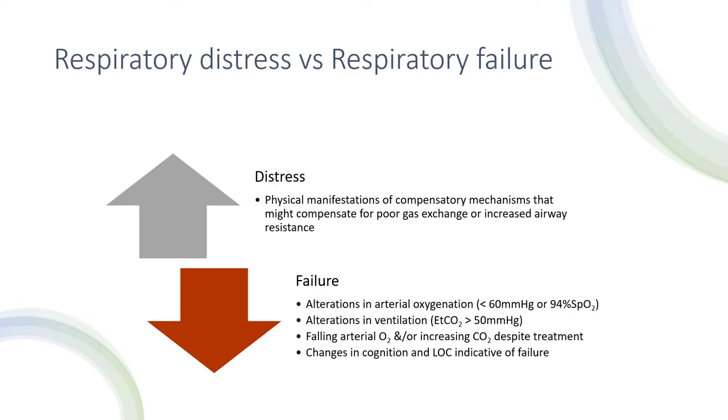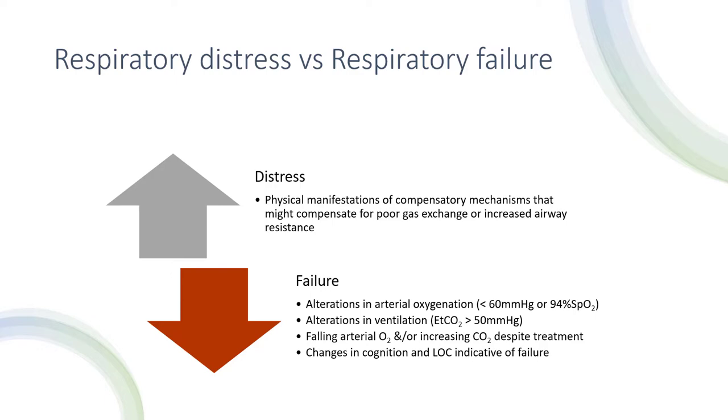So the difference between distress and failure: distress being these observable signs, but failure itself, or respiratory failure, is going to be defined by a derangement in the blood gas values, that is, the values of oxygen and the values of carbon dioxide.